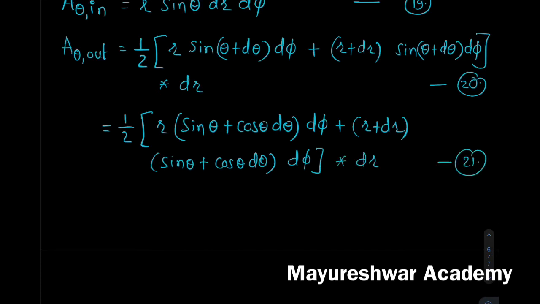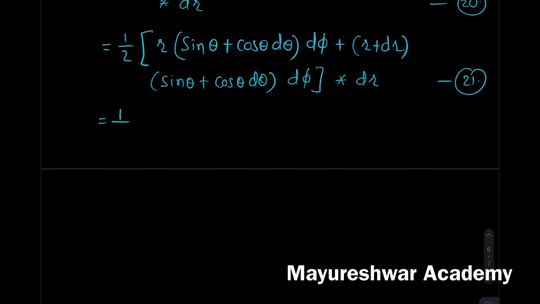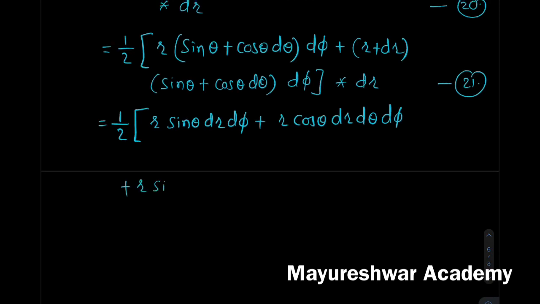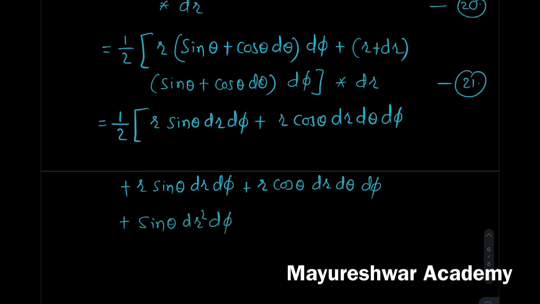So as per equation E, that is going to be 1/2 of r sine theta dr d phi, plus r cos theta dr d theta d phi, plus r sine theta dr d phi, plus r cos theta dr d theta d phi, plus sine theta dr square d phi plus cos theta dr square d theta d phi.